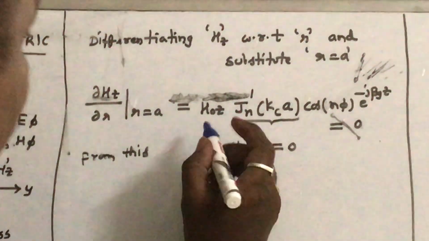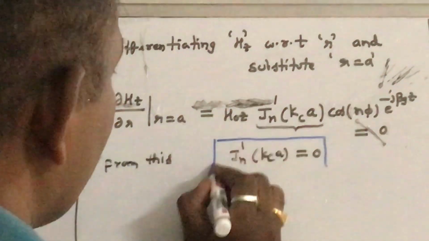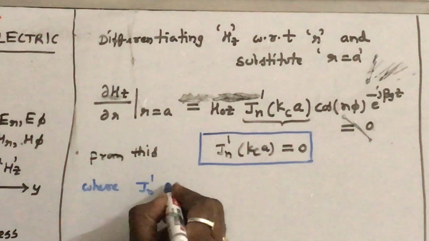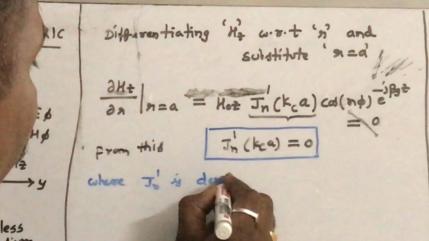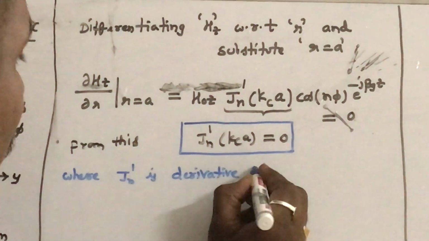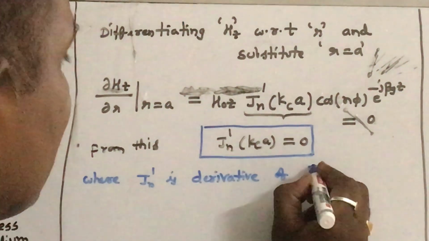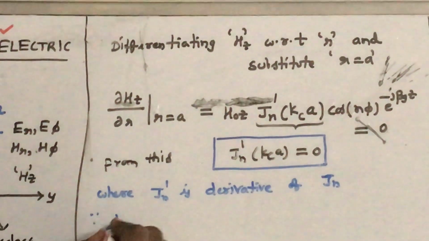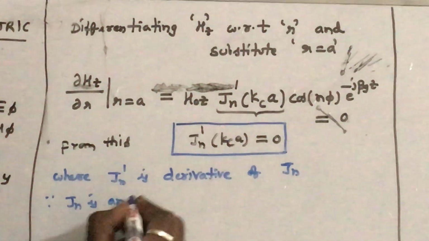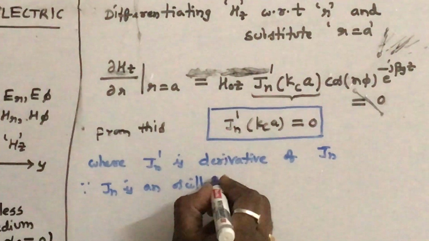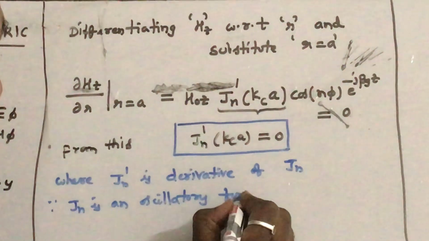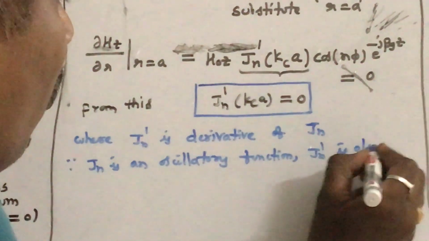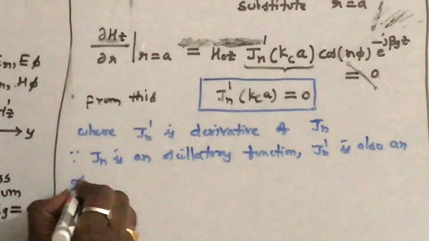Where Jn dash is the derivative of Jn, the nth order Bessel's function Jn. Since Jn is an oscillatory function, Jn dash is also an oscillatory function.